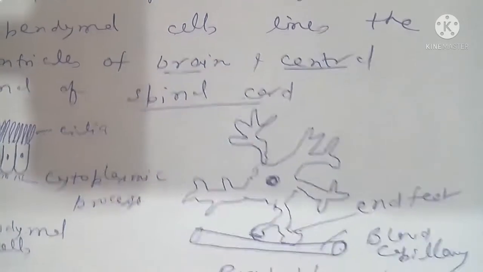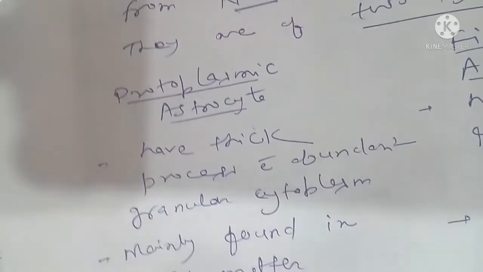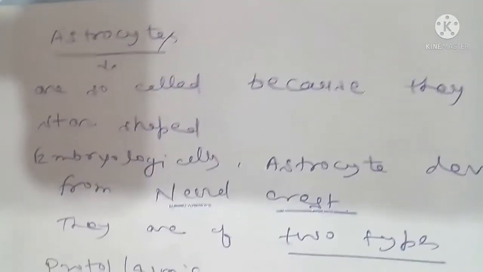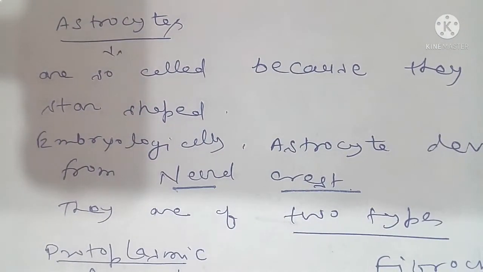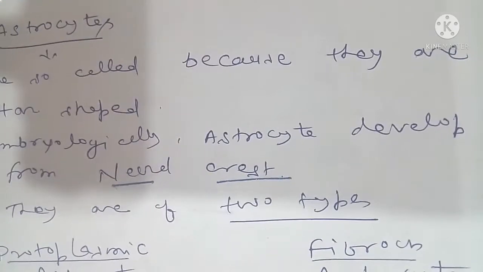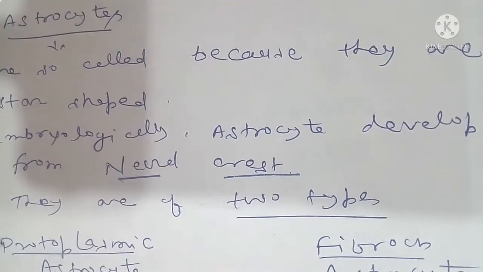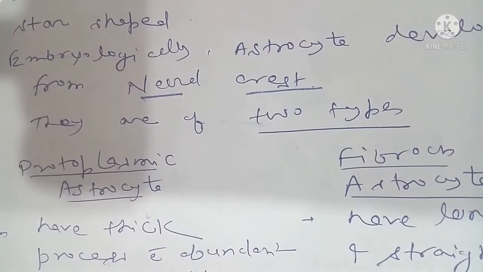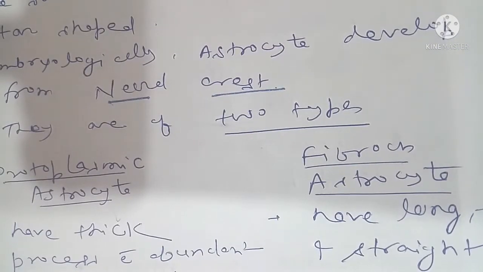Now, next are the astrocyte cells. They are so called because they are star-shaped. Embryologically, astrocytes develop from the neural crest cells, and they are of two types: the protoplasmic astrocyte and the fibrous astrocyte.